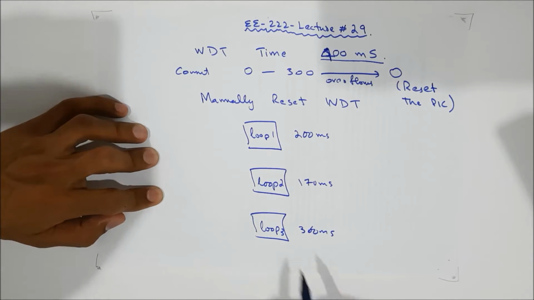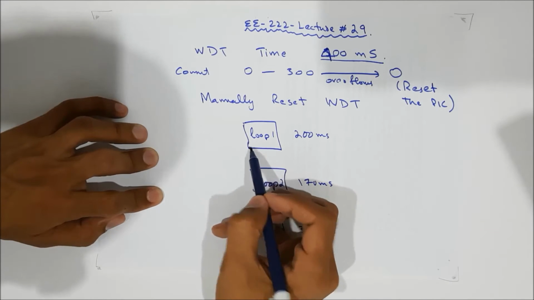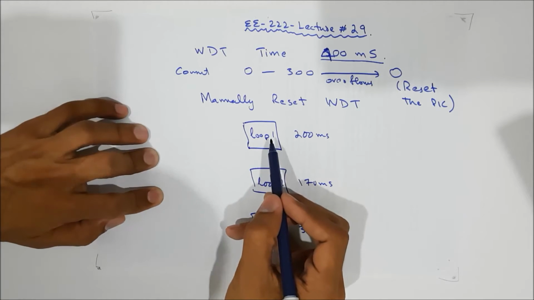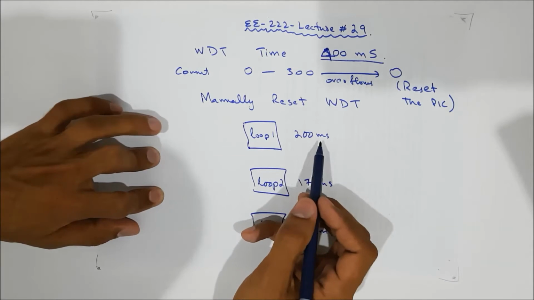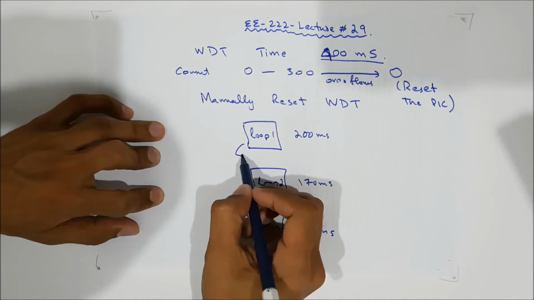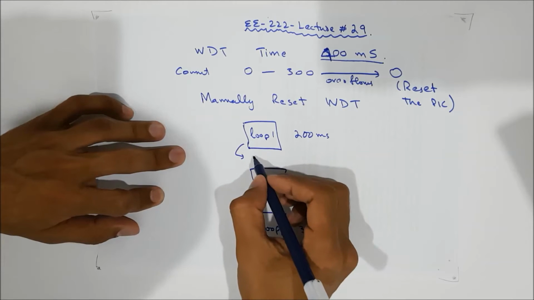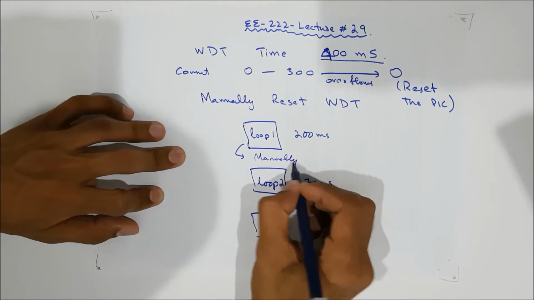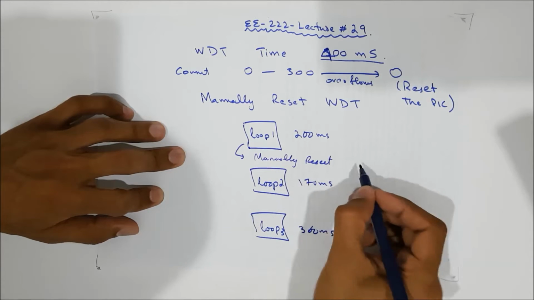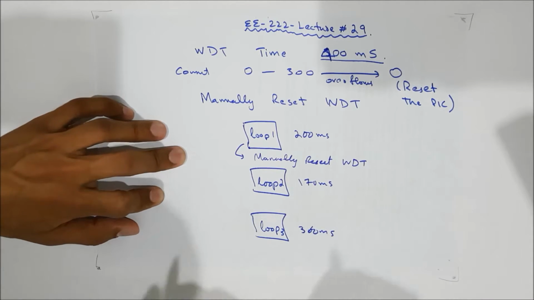What you will do is run this loop. It is supposed to complete in 200 milliseconds, and if it is completed in 200 milliseconds, it will come out of the loop and come here. So here you will manually reset the watchdog timer.